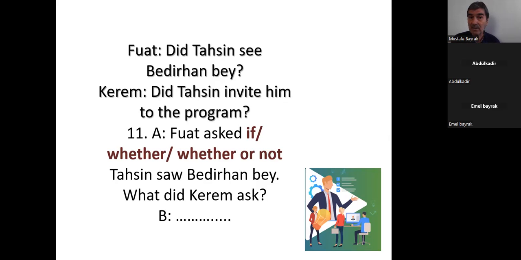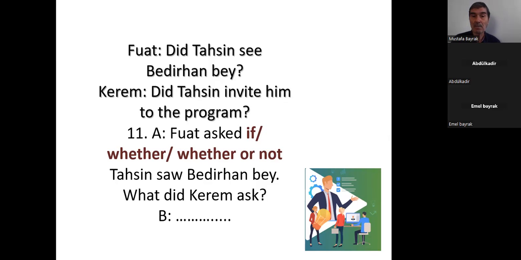Did Tahsin see Bedirhan Bey? Fuat asked if Tahsin saw Bedirhan Bey. Whether Tahsin saw Bedirhan Bey. Whether or not Tahsin saw Bedirhan Bey. What did Kerem ask? Kerem asked if Tahsin invited him to the program.